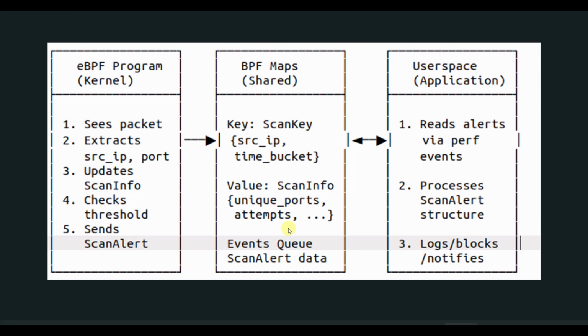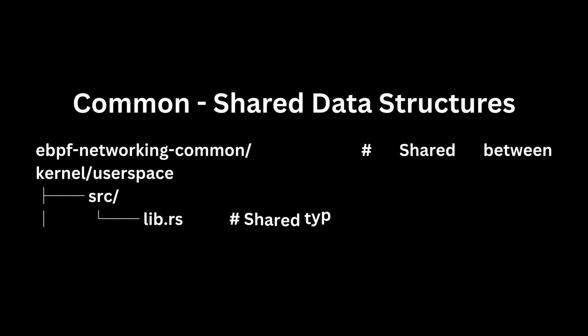The map is where the scan key or the scan info, whichever key and value pair, the source IP, will be stored, along with the events queue and scan alert data. This is then triggered in your user space, where it reads all the data that has been put in by the kernel space, processes the scan alert structures, and raises notifications to you. This is the common shared data structure.